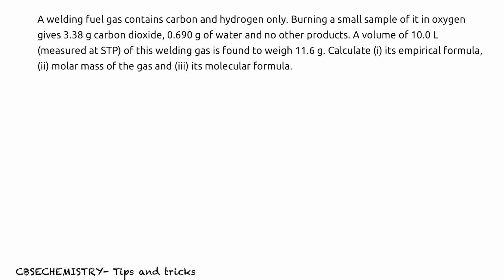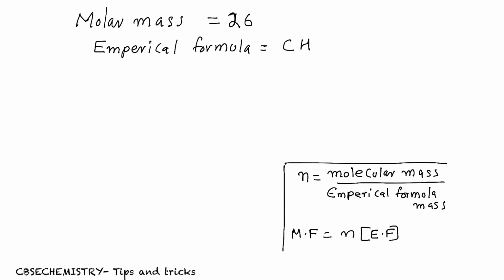Now we have to find the molecular formula. For finding the molecular formula, you must know these two equations. N is equal to molecular mass by empirical formula mass, and molecular formula is equal to N times empirical formula. So first we can find N. N is equal to molecular mass 26 by empirical formula mass.